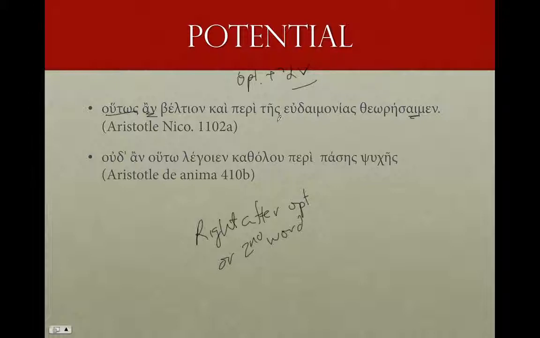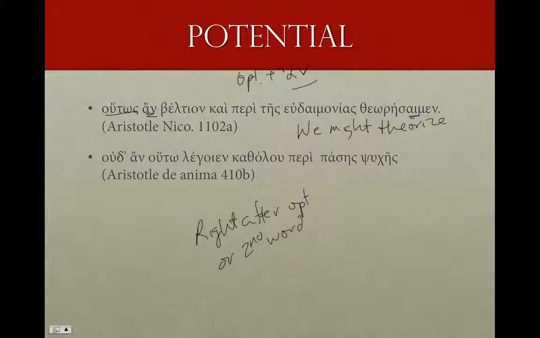This is from Aristotle's Nicomachean Ethics. So an plus the optative there, we might theorize. And just like with the subjunctive, the difference between the present tense and the aorist tense of the optative is going to be a matter of aspect.